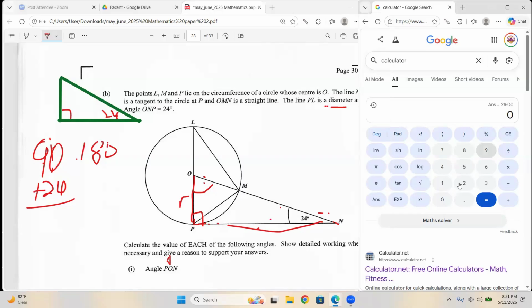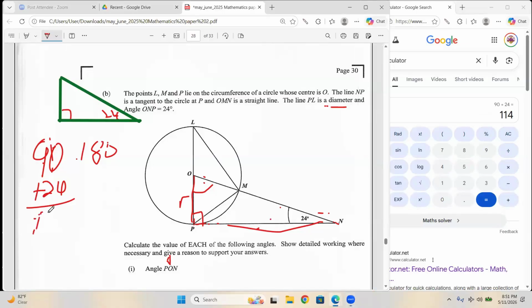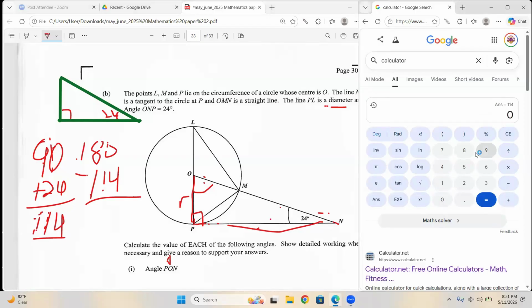So we add those two, 90 add 24, we get 114. And then we take it away from 180 and we get the angle.